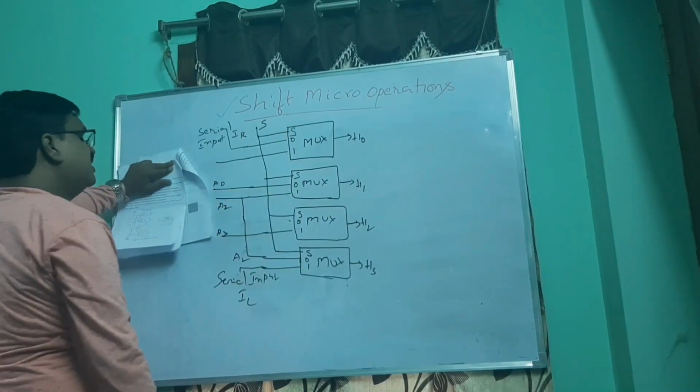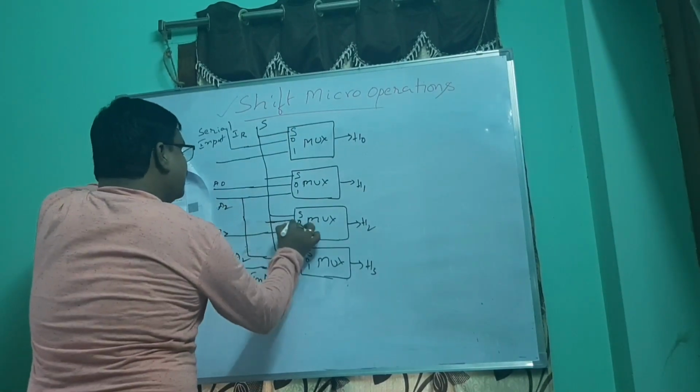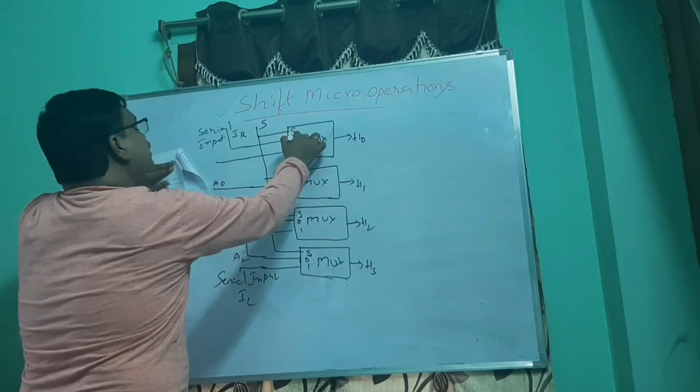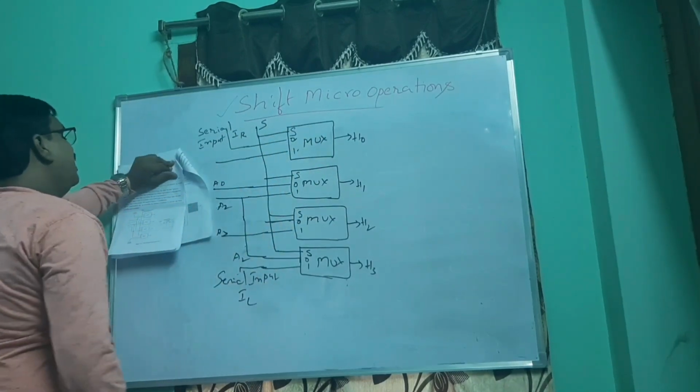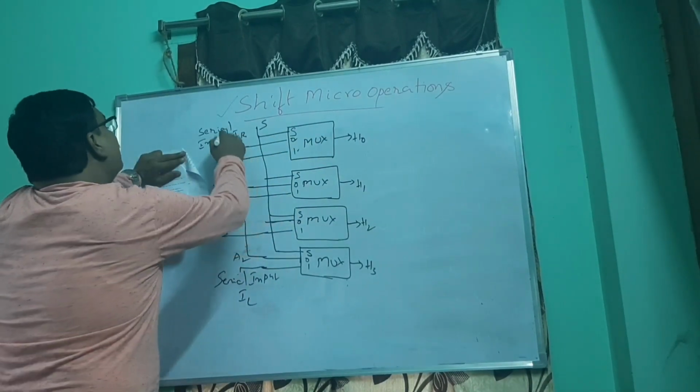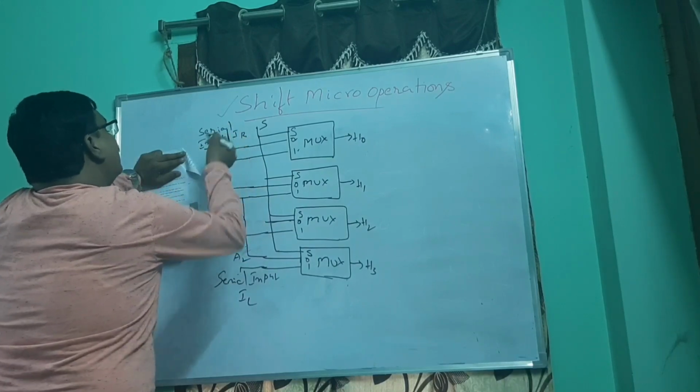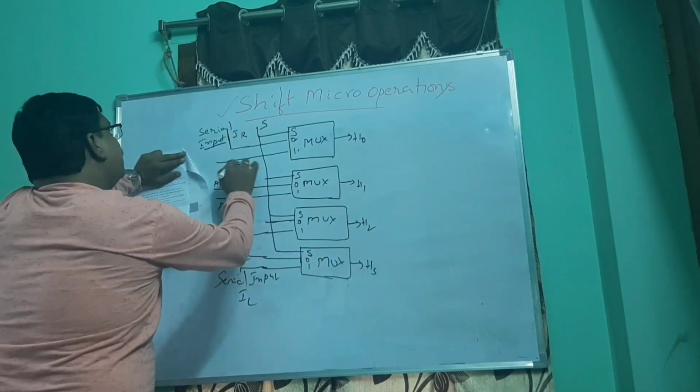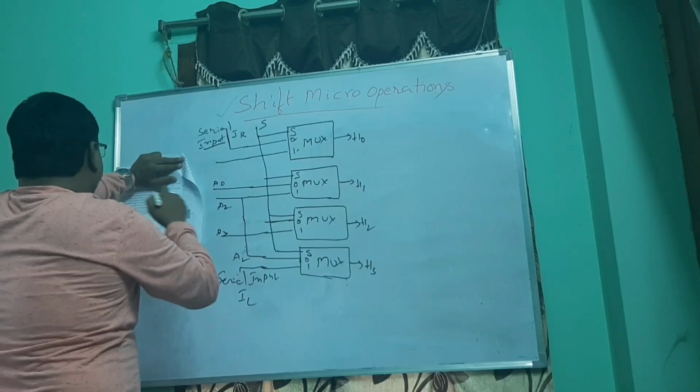Yes, a single select line is there. Then based on the S value, either the 0 operation or the 1 operation will be executed. And for this 0, we have given serial input. For this one, what we do is A1.